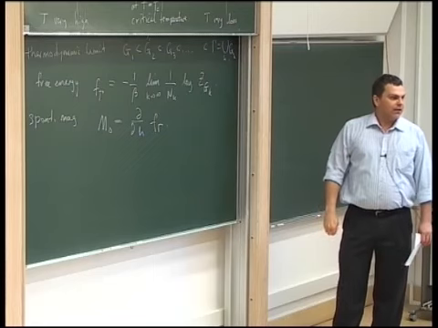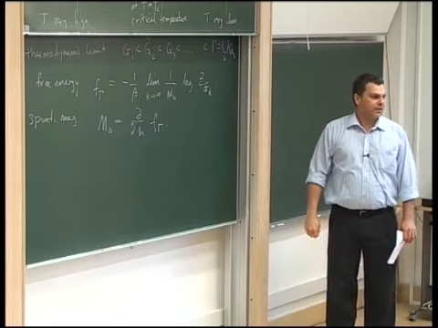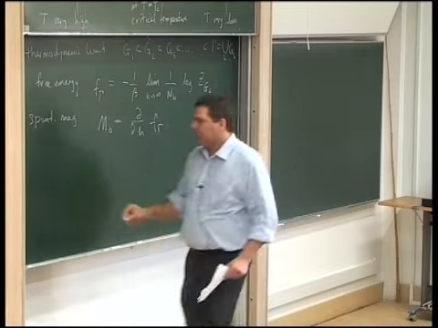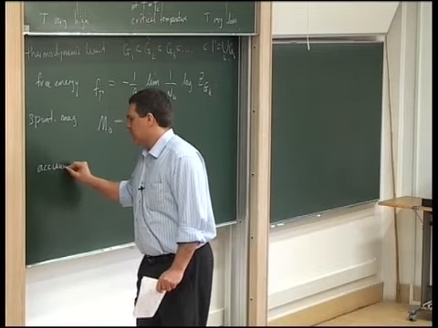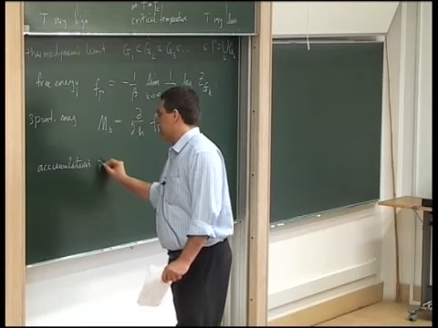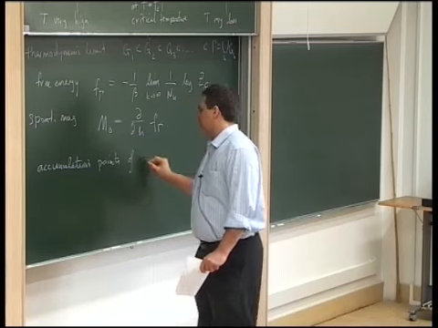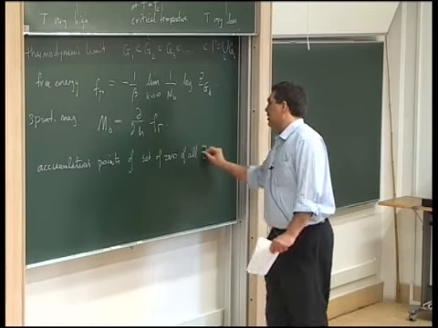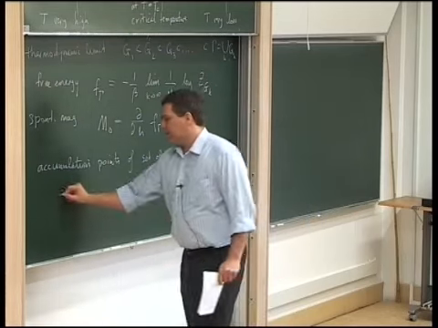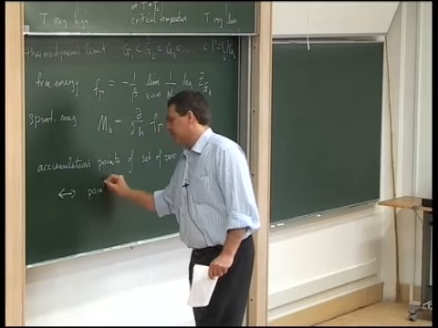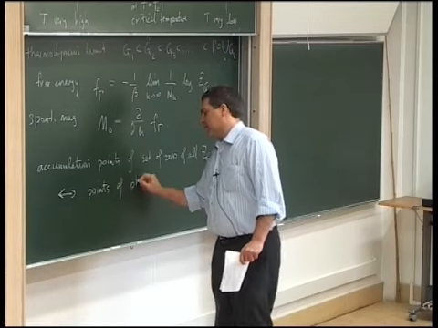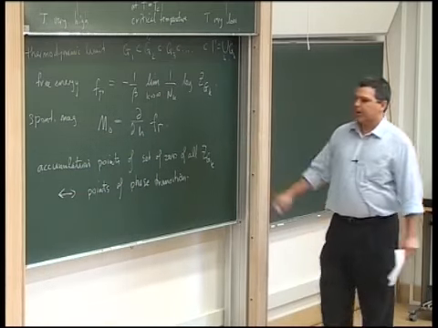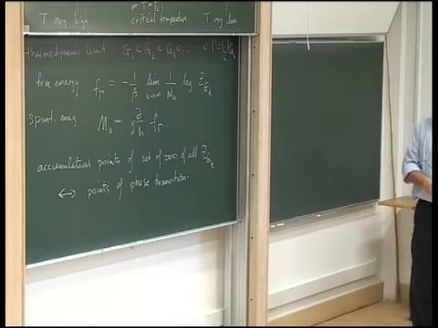And of course, doing all of that quantitatively takes a good deal of work. Accumulation points of the set of zeros of all Z_G_k: points of phase transition. So this is the Lee-Yang picture of phase transitions from the 1950s.